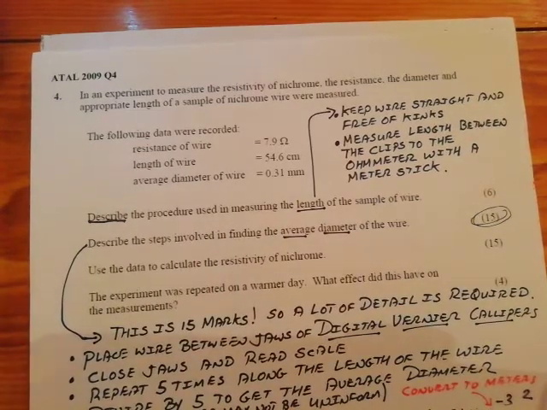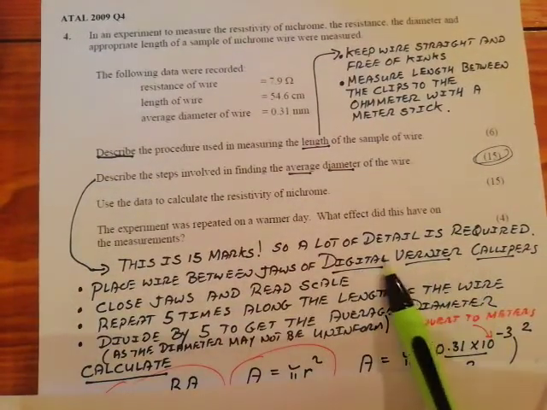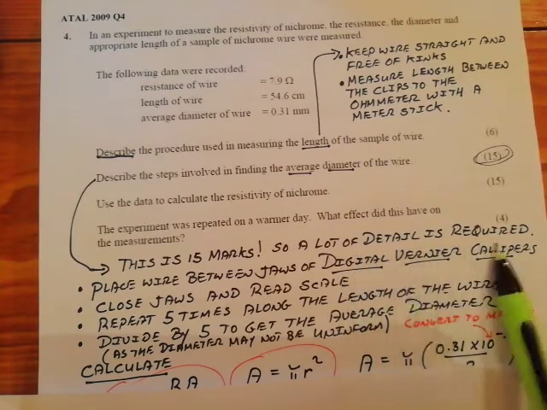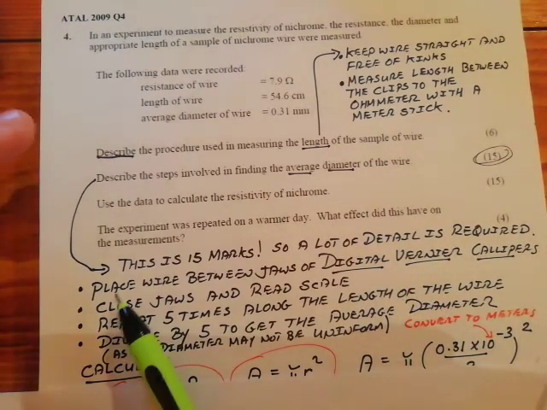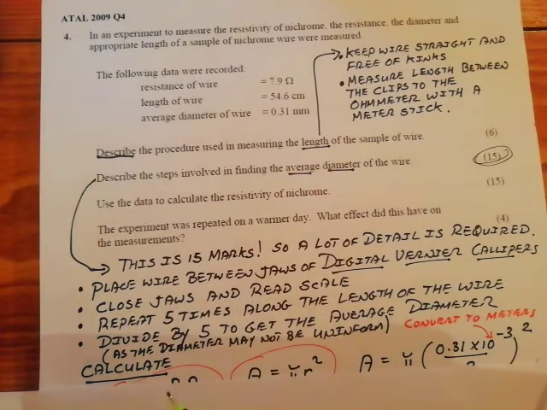The first thing I did was mention the instrument that I used in measuring the diameter of the wire, and that's a digital vernier calipers. I think that would be sufficient for about 6 of those 15 marks. Then I said, place the wire between the jaws of the digital vernier calipers, close the jaws and read the scale.